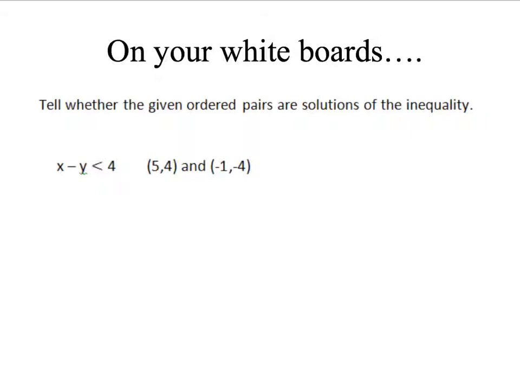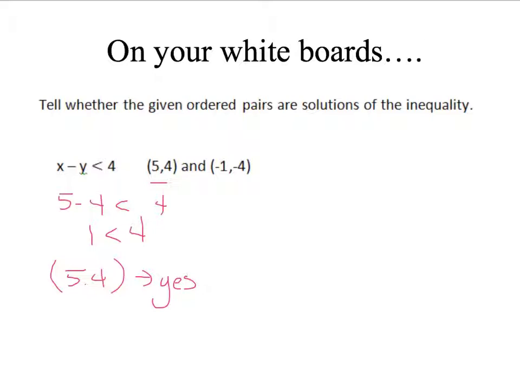So we start here. x minus y is less than 4, so I'll plug in the x and y, starting with 5, 4. 5 minus 4 is 1, which is less than 4. So the ordered pair 5, 4, that is a solution.